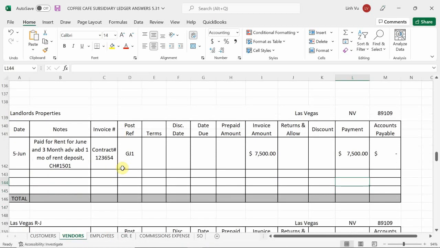So, that's my very first one. Because of this contract, I don't owe landlord properties anything. And this is also proof in case the landlord decides to bill me one more time and say, hey, you owe rent for July. I can pull up this contract and say, no, I don't. I already made a payment in advance, and I have proof because I paid you $7,500.